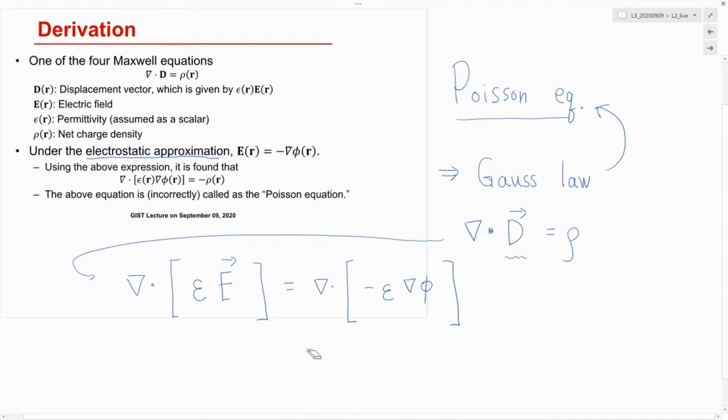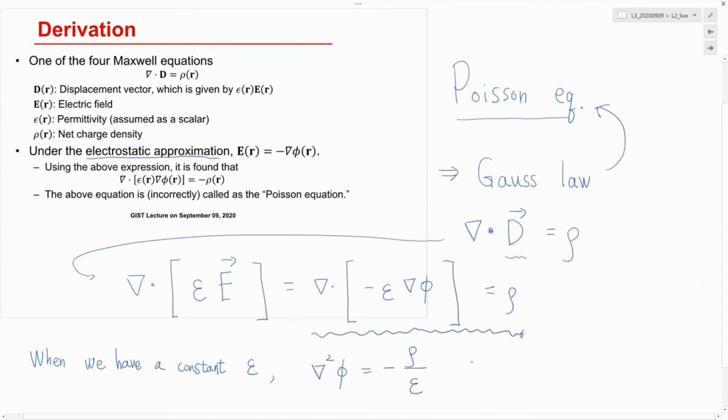And finally, this is valid in certain cases: when we have a constant, position-independent epsilon, then we finally have the Laplacian operator exerted on phi equal to minus rho over epsilon.